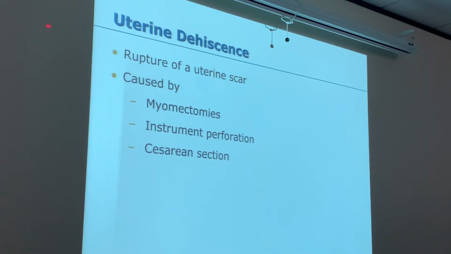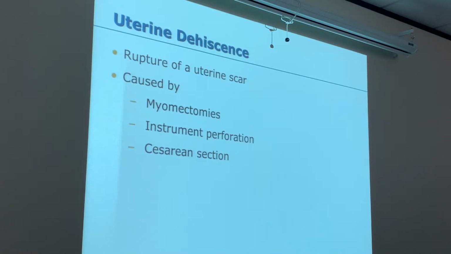Well, what feeds the uterine wall? The radial, the spiral and the straight arteries. So if it tears an artery, it's going to bleed until it clots off.